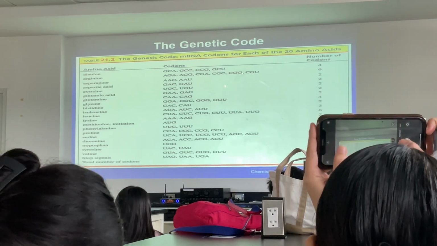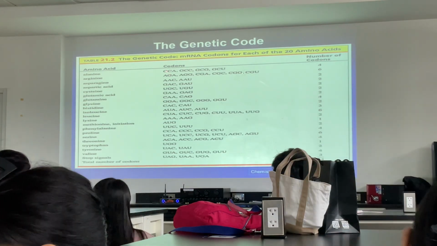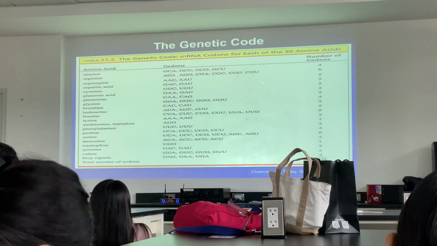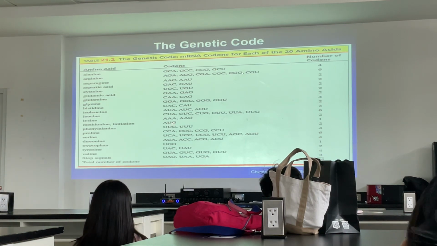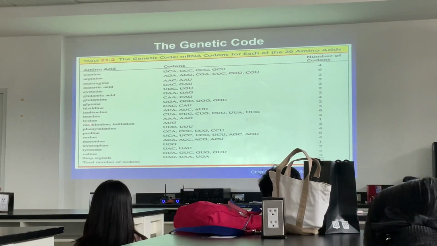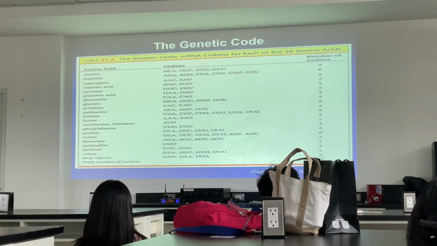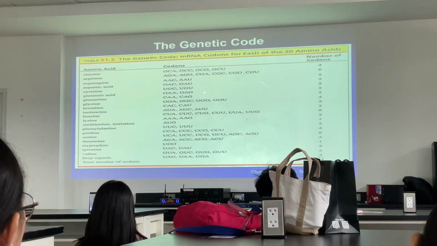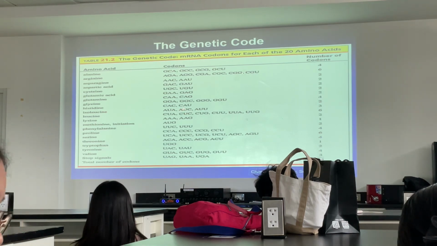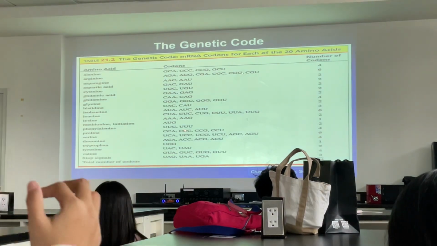So what information does this table give you? Several codons can code for one specific amino acid, while only one codon will specify the synthesis of methionine and tryptophan. 2 will specify the synthesis of tyrosine. 3 for isoleucine. 4 for proline, and so on.